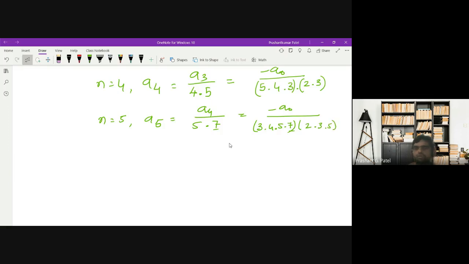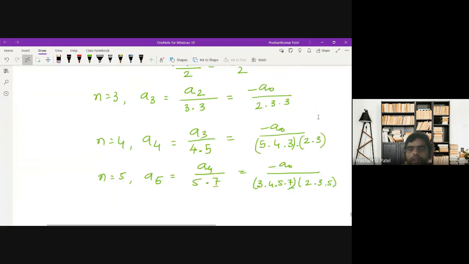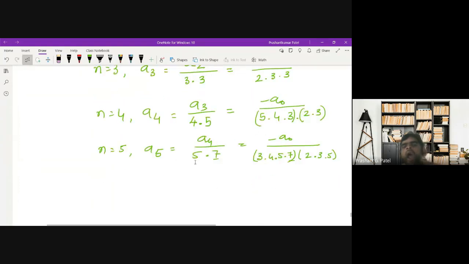Why is it not coming? So it is minus a0 upon 3 into 4 into 5 into 7, and this is 2 into 3 into 5.